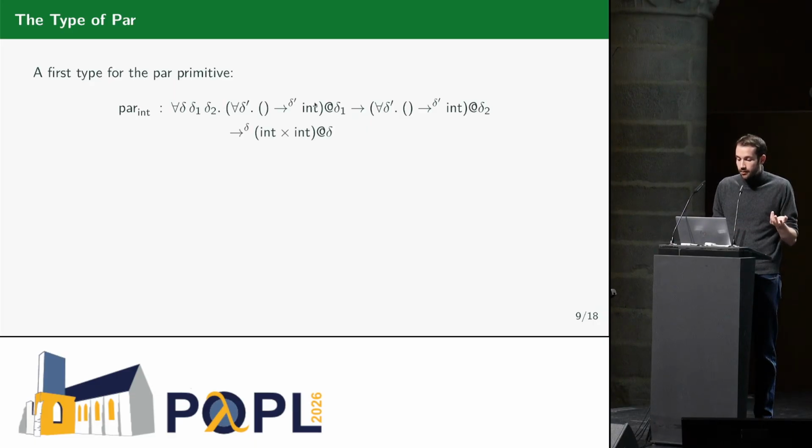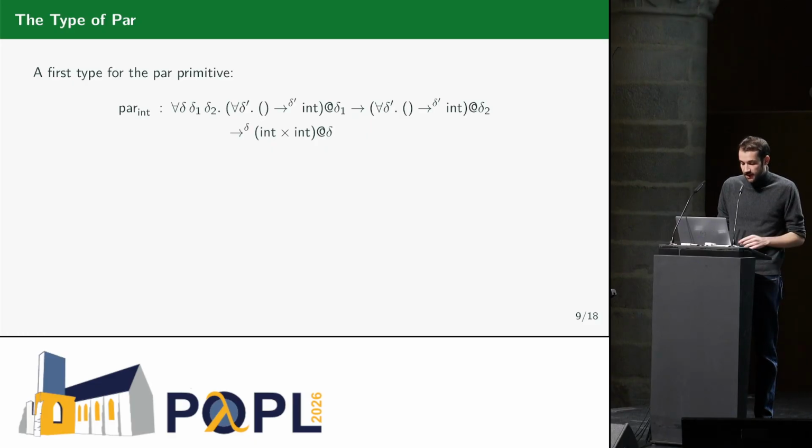And then par takes as argument two closures that have the same type. They say that for any timestamp delta prime, there should be functions that will be executed at delta prime and return int. So this type really captures that the two closures will be called at some other unspecified task.